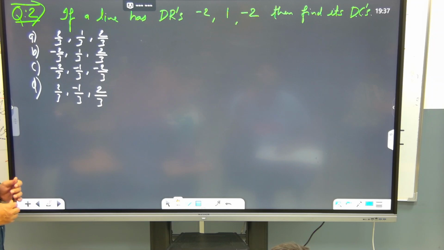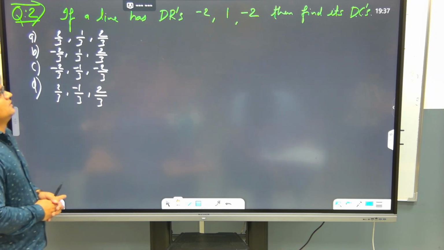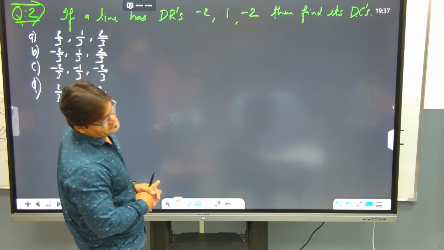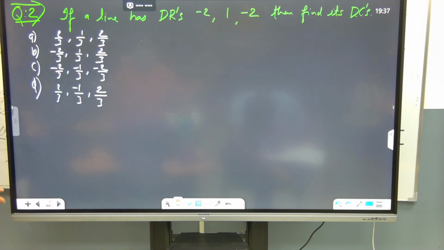If a line has direction ratios -2, 1, -2, then find its direction cosines. Which option is correct? A, B, C, D.